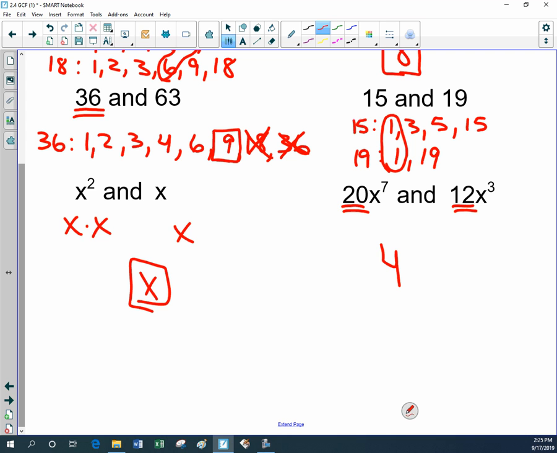And then let's look at the variables next. So we have x to the 7th and x to the 3rd. X to the 7th, we have 7 x's. X to the 3rd, we have 3 x's. So the number of x's that they both have in common is 3. So the greatest common factor would be 4x to the 3rd.